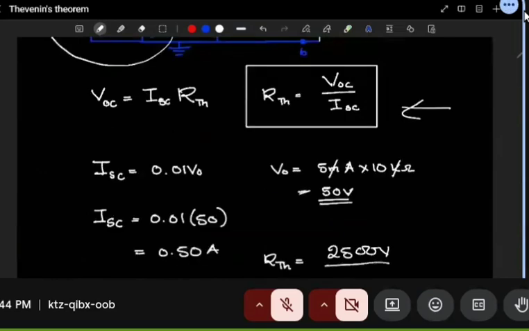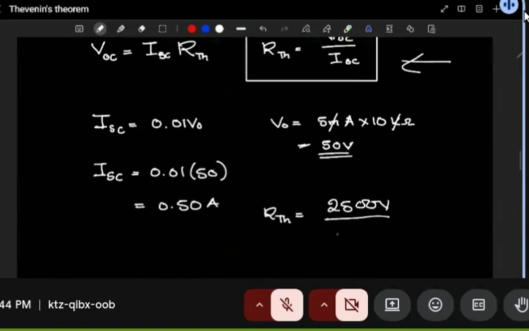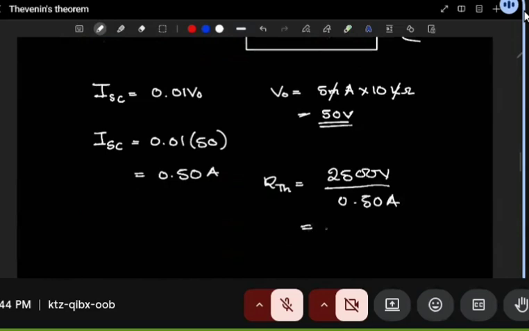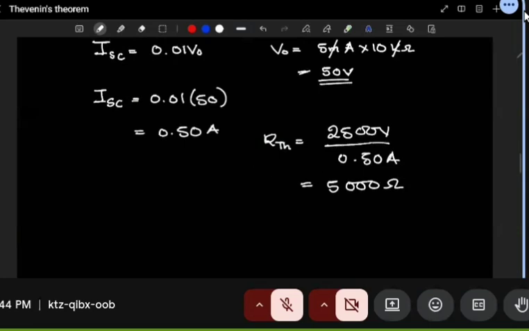Then we have I short circuit, which we found as 0.50 amps. When we divide, we get our R Thevenin as 5,000 ohms. In kilo, this becomes 5 kilo ohms.